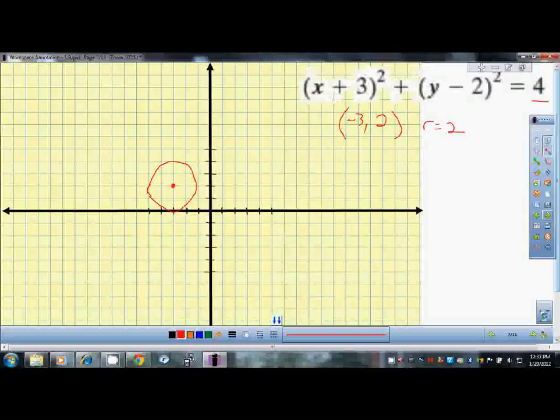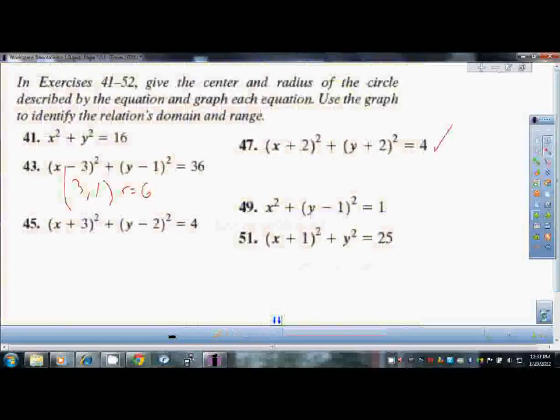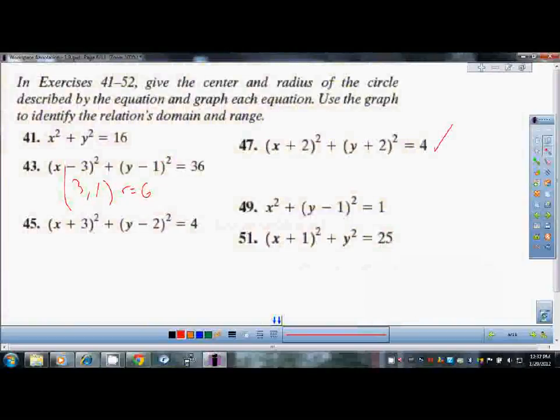Let's look at maybe one more so we make sure we understand how to do that. Let's do number 51. What's being subtracted from x? -1. What's being subtracted from y? What's my radius? Excellent. So for our domain, -1 minus 5. Let me actually write it out here.